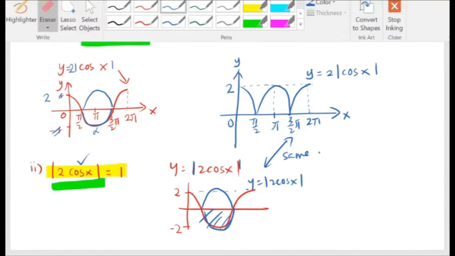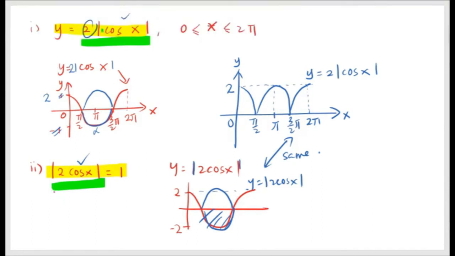So from here you don't need to do so many calculations. You can go straightforward: this one equals 2 cos x modulus equal to 1. So this is y, right? So y equal to 1 is the equation you form.